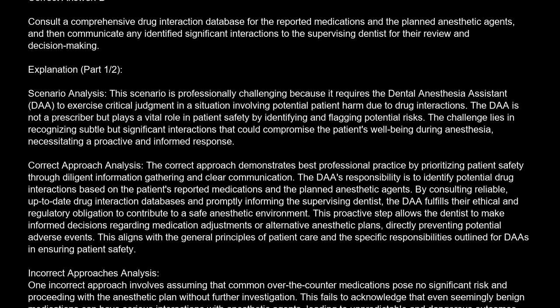By consulting reliable, up-to-date drug interaction databases and promptly informing the supervising dentist, the DAA fulfills their ethical and regulatory obligation to contribute to a safe anesthetic environment. This proactive step allows the dentist to make informed decisions regarding medication adjustments or alternative anesthetic plans, directly preventing potential adverse events.